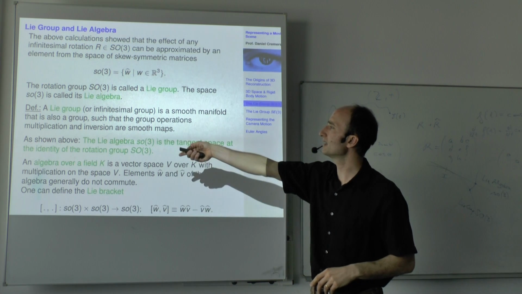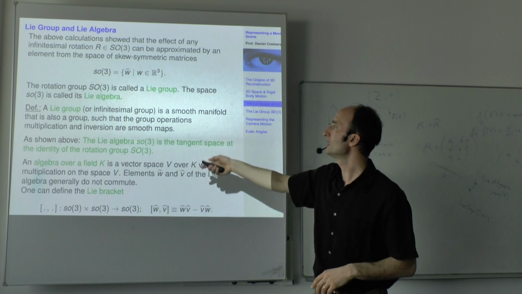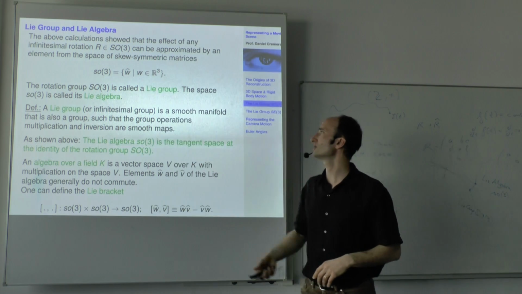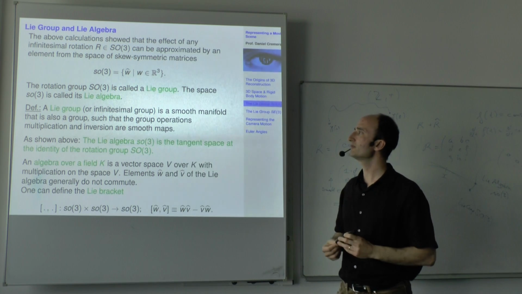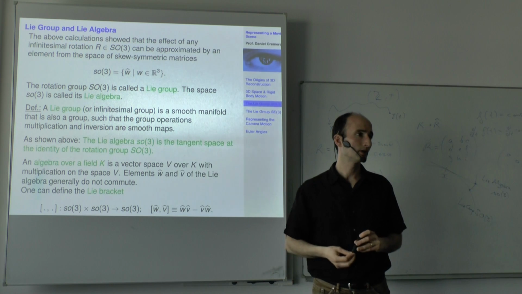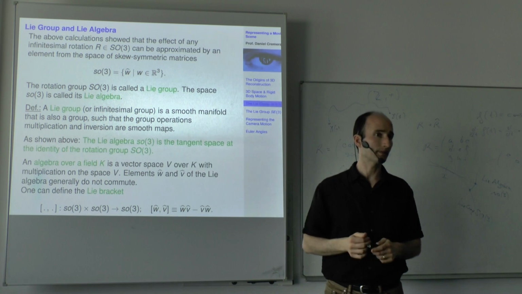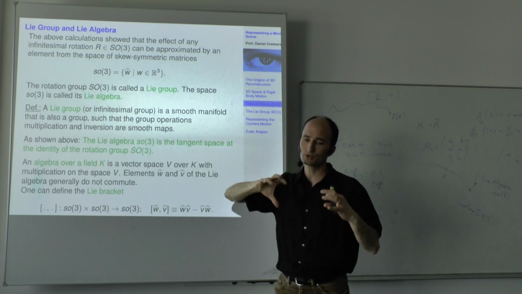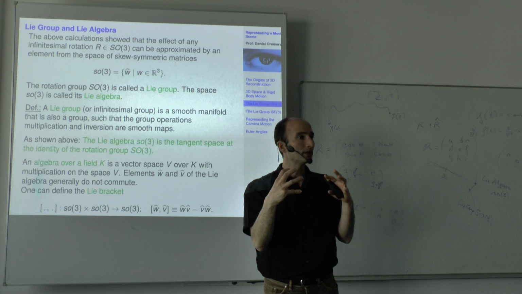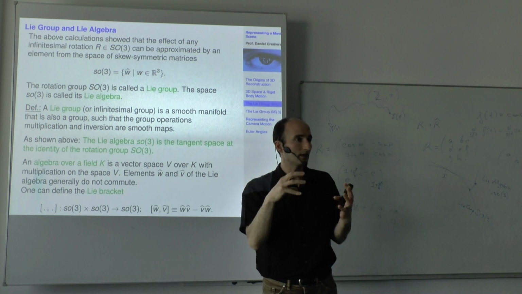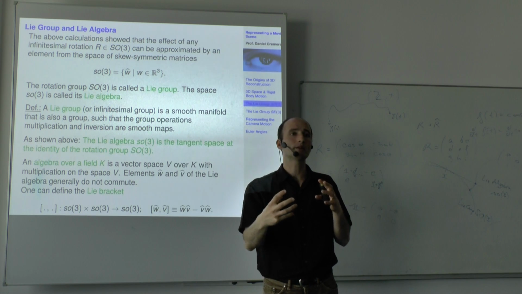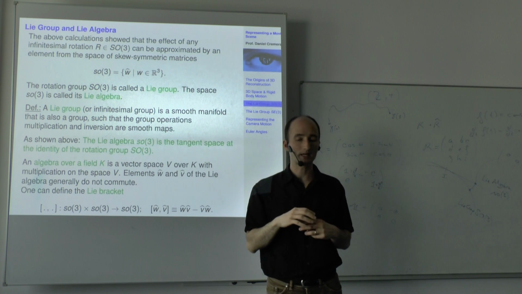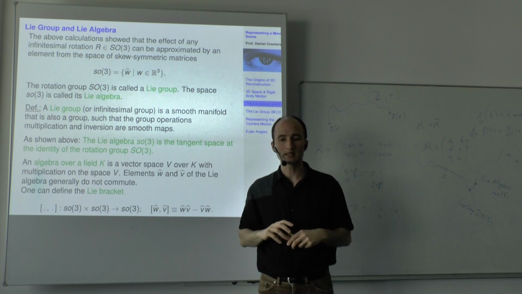So here again, the definition, a Lie group, sometimes it's called an infinitesimal group, is a smooth manifold that is also a group, or a group that is also a smooth manifold. So we exploit the fact that in addition to rotations forming a group, because I have a neutral element and an inverse element to each rotation, I can invert things.